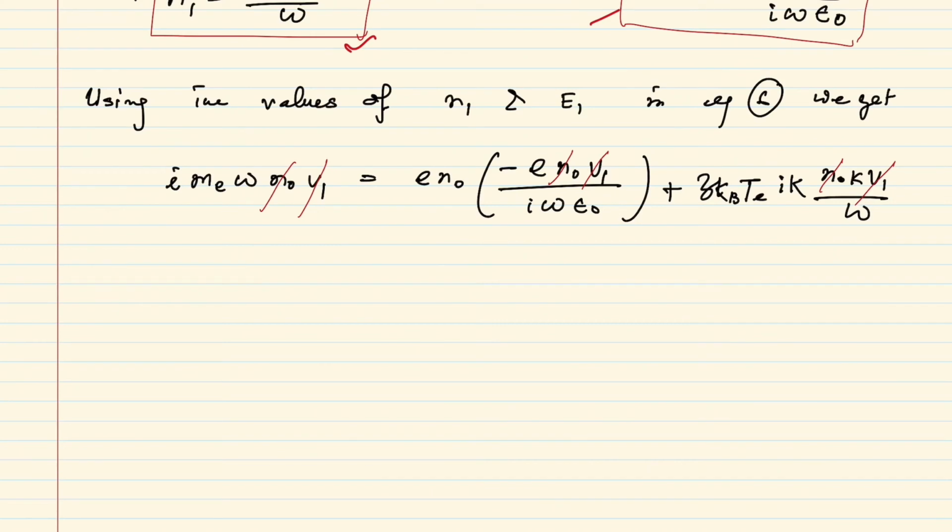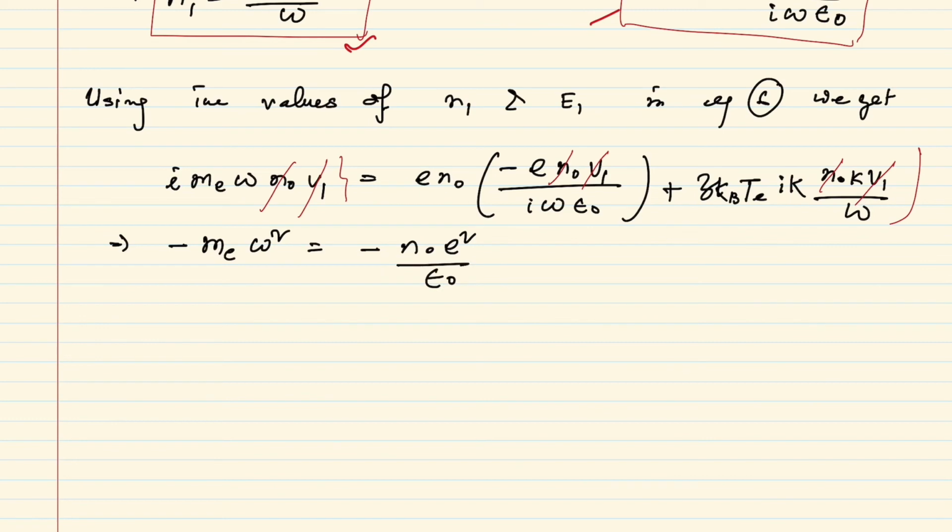Then if you multiply both sides by i, then this i will be i square, which is equal to minus 1. If you multiply both sides by i omega, then you will get minus m e omega square minus n naught e square by epsilon naught.